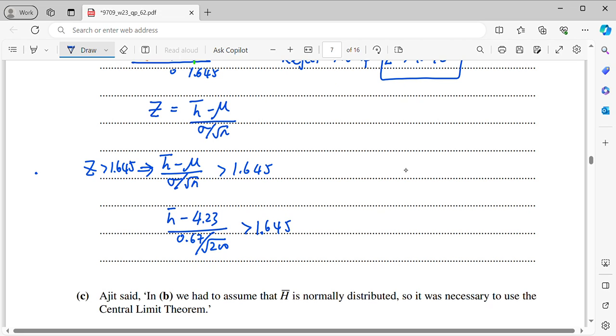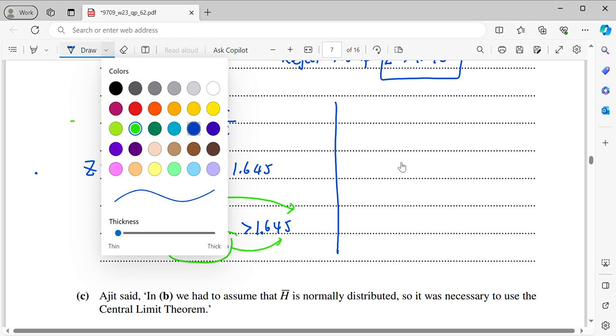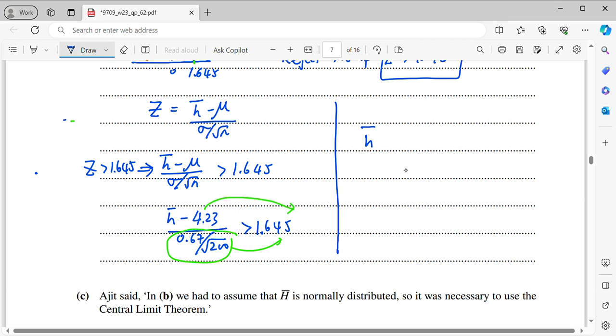Alright, so to get the h bar, simple. Just move this whole term to the right side and then move the negative 4.23 to the other side, which means now my h bar is greater than 1.645 multiplied by 0.67, then divided by square root of 200, then followed by plus 4.23.